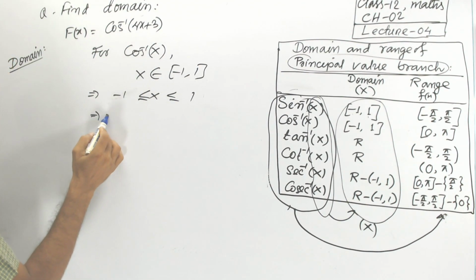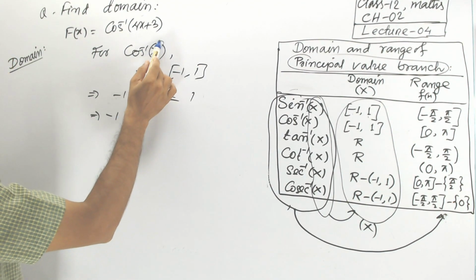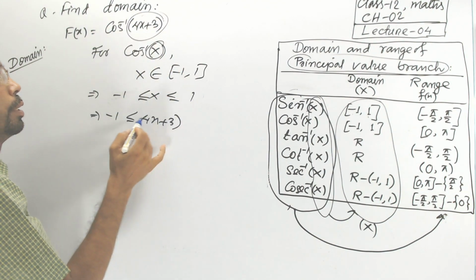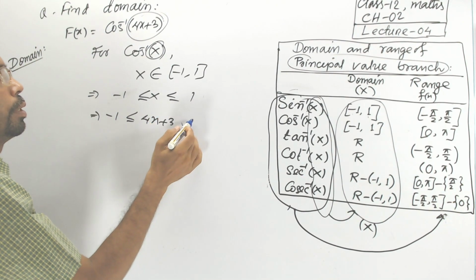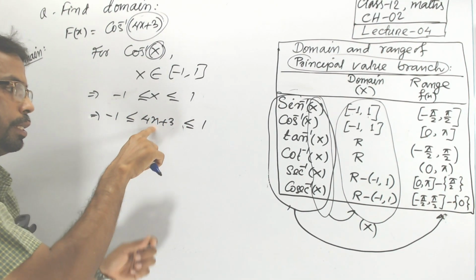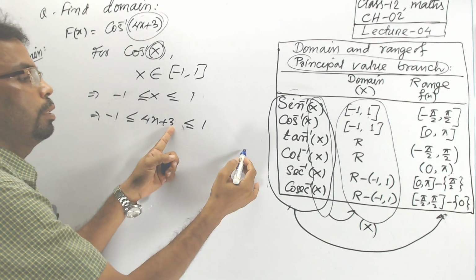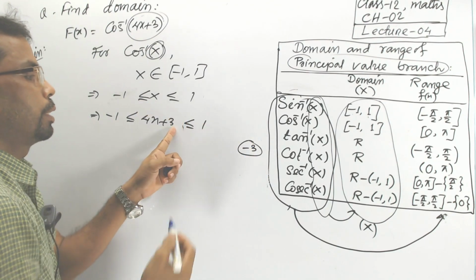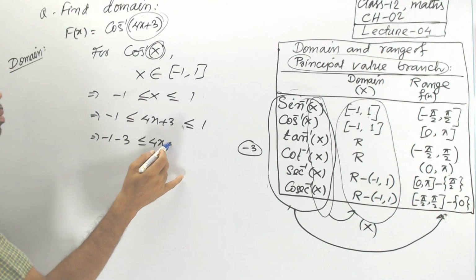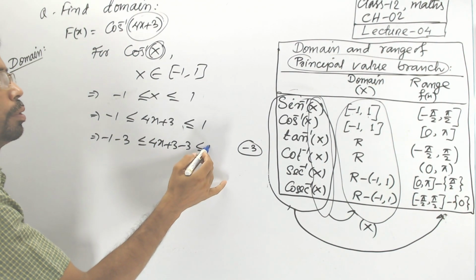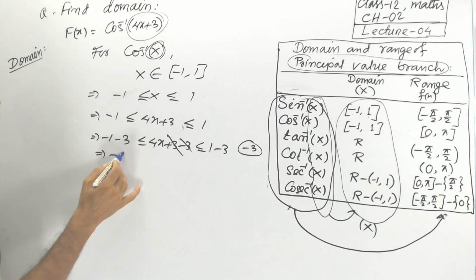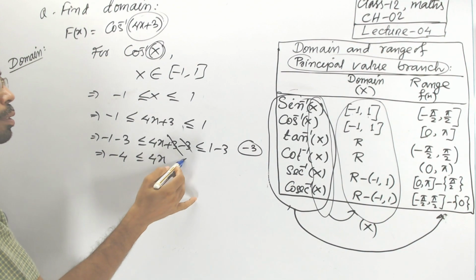Then the function x we have here, in place of x we have 4x plus 3, and then we have to find x. To find x, first I have to remove this plus 3, for which I need to subtract 3 in each term. So minus 1 minus 3, 4x plus 3 minus 3, 1 minus 3. In each term subtracting 3, so that this 3 is getting cancelled, minus 2.